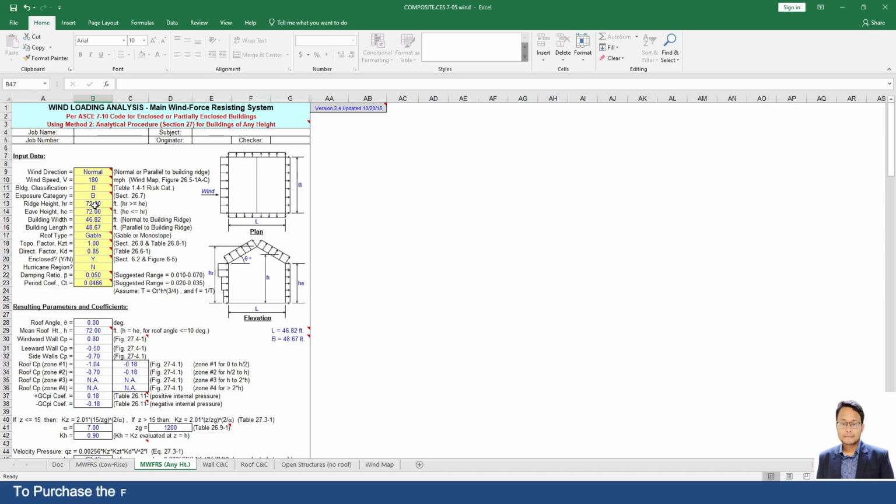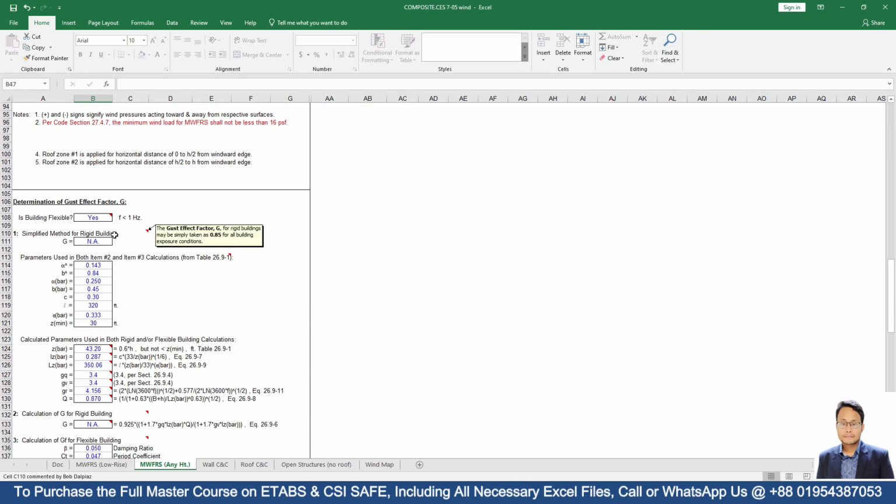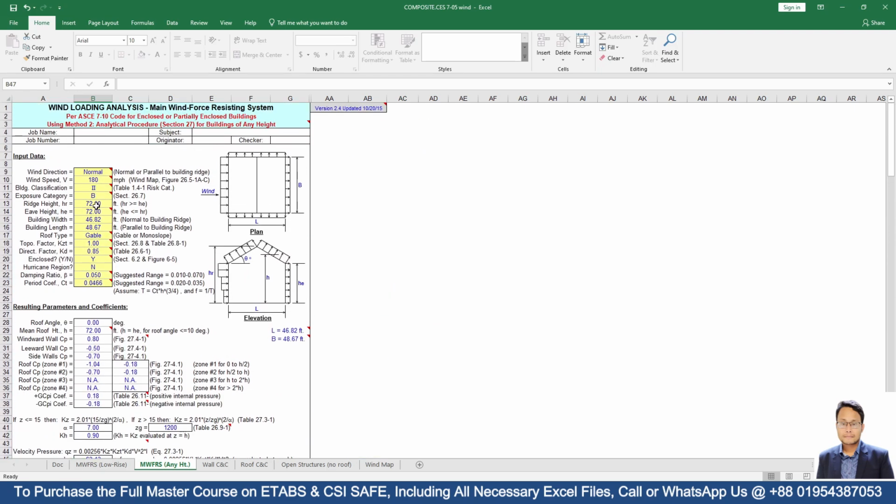Okay, but as per BNBC 2020, we have to calculate the time period by using SI unit. That means in this Excel sheet they are considering the value of H in feet unit, right?